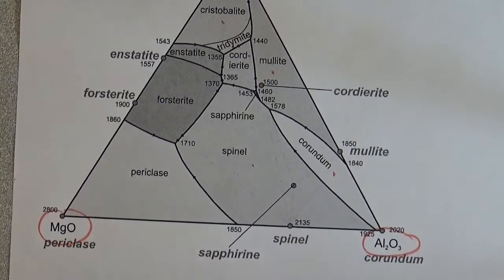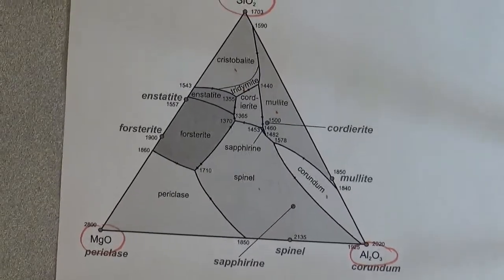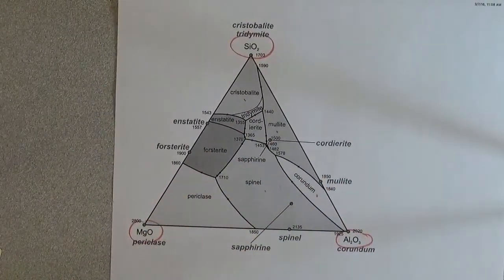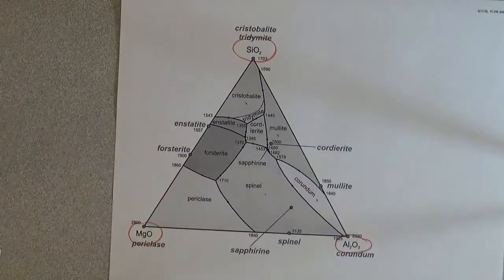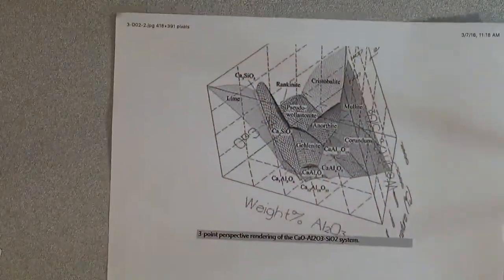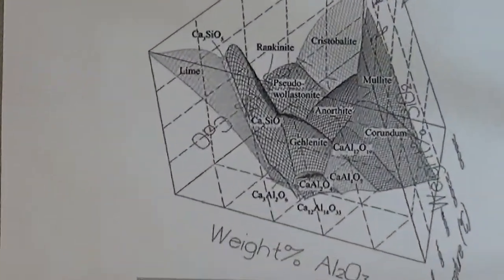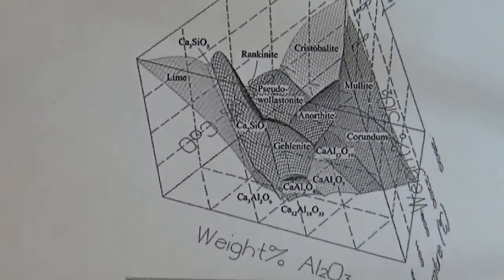So in this case, we move to a new way of representing the phase diagram using a ternary type structure. And I'm going to just briefly show you this so you can see that when we talk about these type of ternary structures, what we're actually doing is we're looking at a three-dimensional structure now.